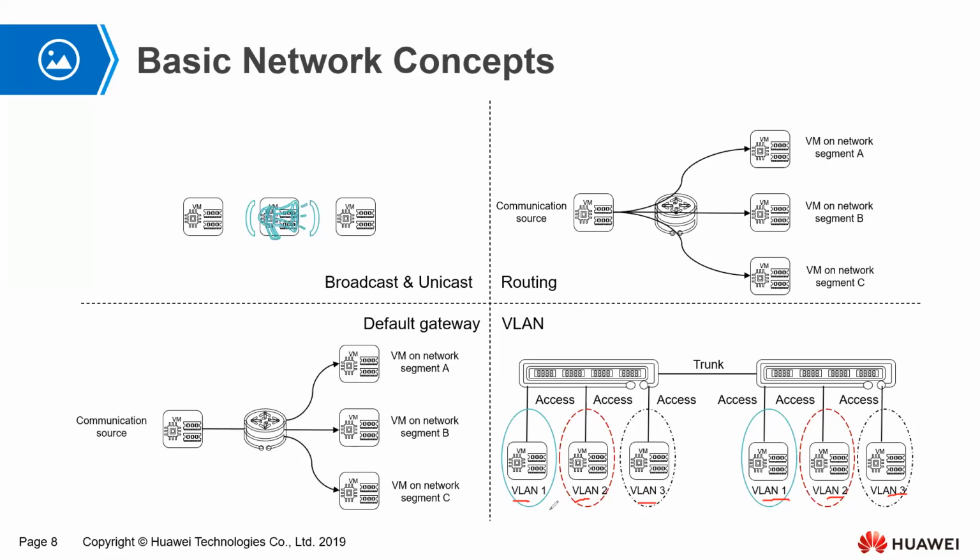So technically speaking, this guy and this guy are on the same network, in the same local area network. And only the broadcasts that are sent from virtual machine A will be propagated to the machines within the same virtual LAN, and virtual machine B will be the only machine to receive those packets.